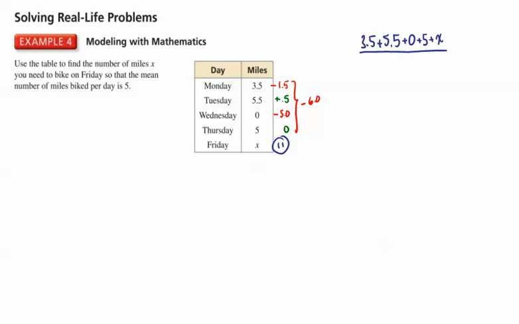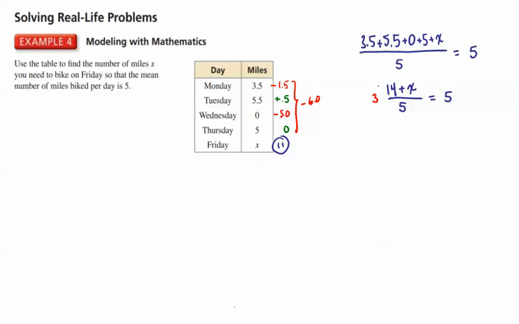The x represents another day, another value, and so we want to divide by 5, and our average number of miles should come out to be 5. Again, we can simplify, and using your calculator, 3.5 plus 5.5 plus 0 plus 5 is equal to 14, plus x, over 5 needs to equal 5.